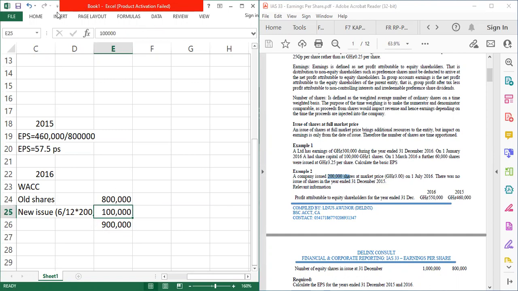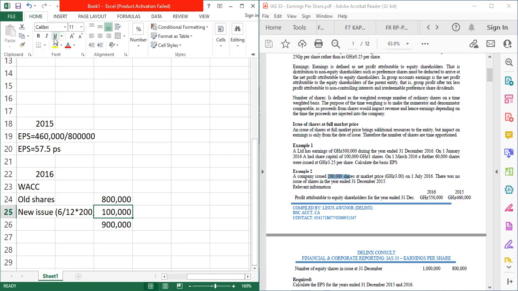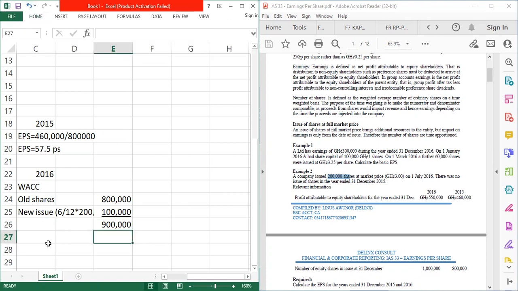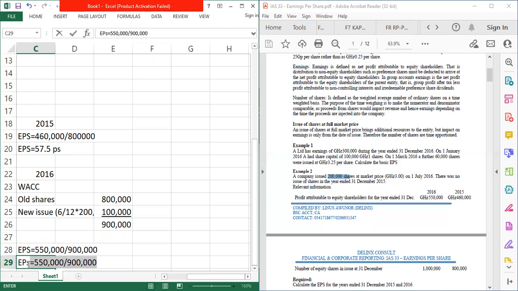So the total number of shares that we are going to use will be 900,000. So our earnings per share will be what? It will be 550,000 divided by 900,000. All right. So what will be the earnings per share?